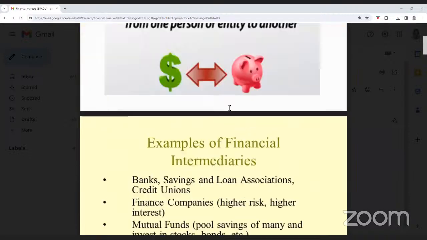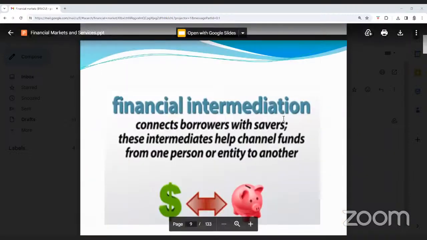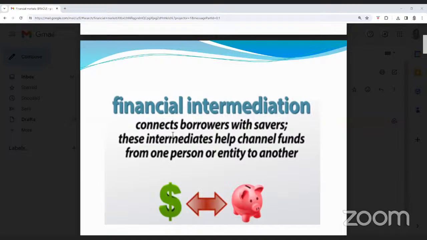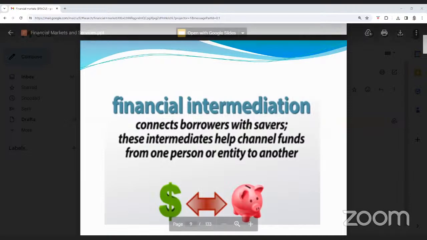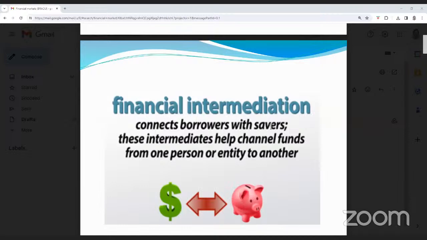Like this all comes under the examples. Now, financial intermediaries connect the borrowers with the savers. Borrow and again you will be saving. So these intermediaries help channel funds from one person or entity to another.